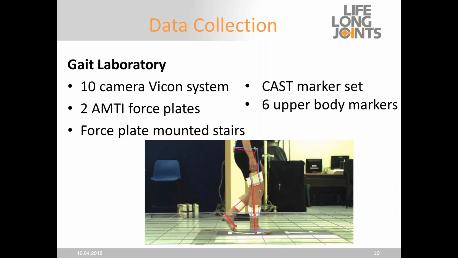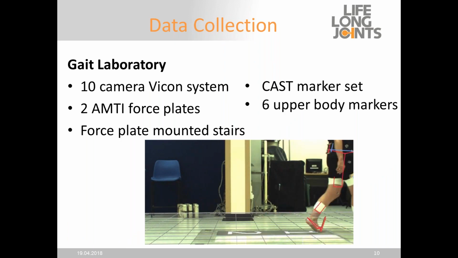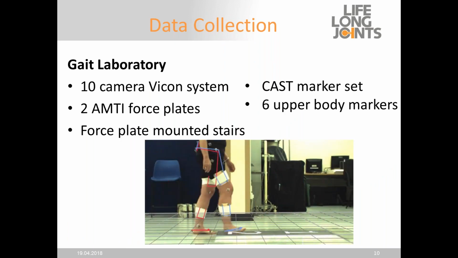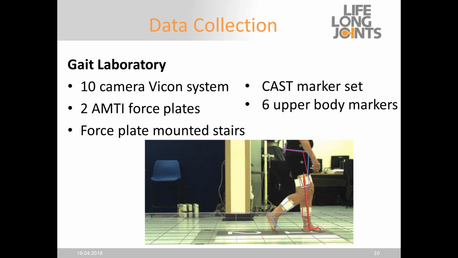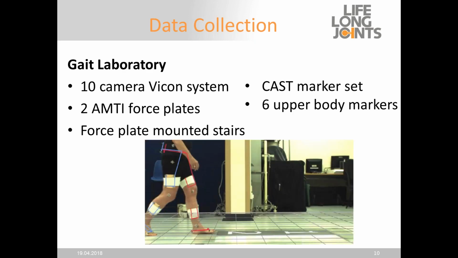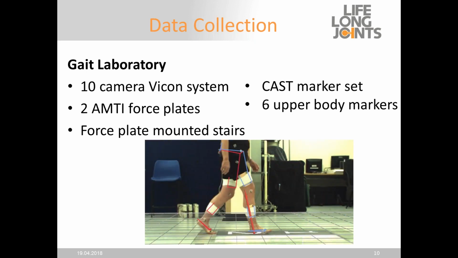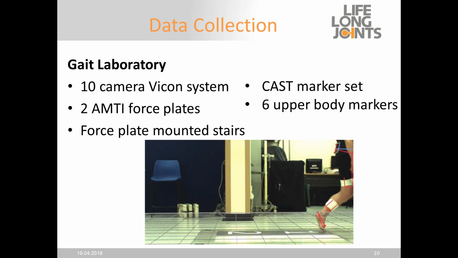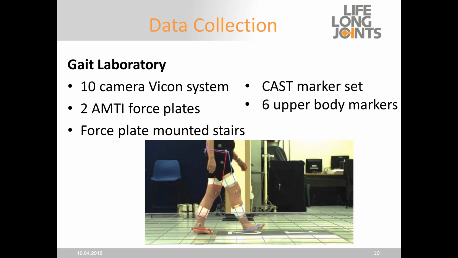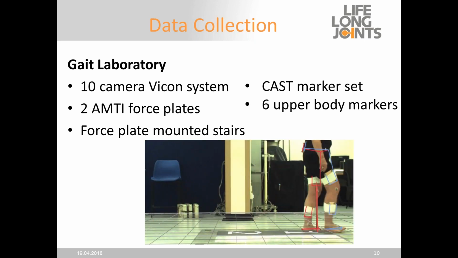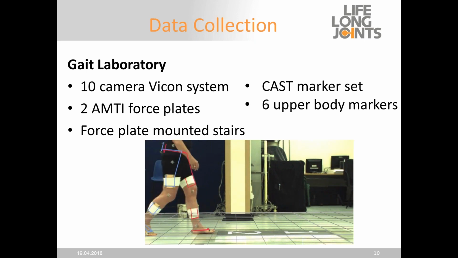So after we recruited our patients, we got them all to attend a single session in our Gait Lab, where we have a 10-camera Vicon system, which is coupled with 2 AMTI force plates. And typically we use the CAST marker set, whereby we have markers placed on anatomical landmarks, which define segment lengths and joint centers. And then we use tracking pads to track the movement of these segments.